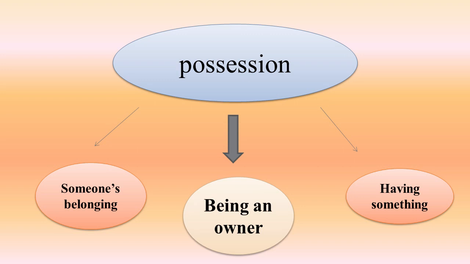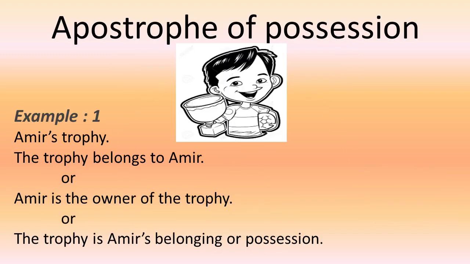This means that the owner of this mobile phone is your parent. It is their belonging and their possession. When we want to convey a connection between an owner and a belonging, we add apostrophe.